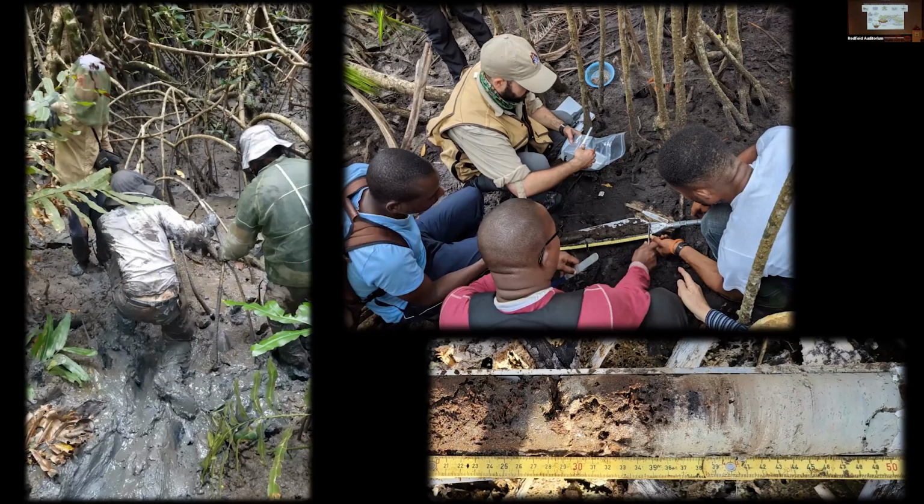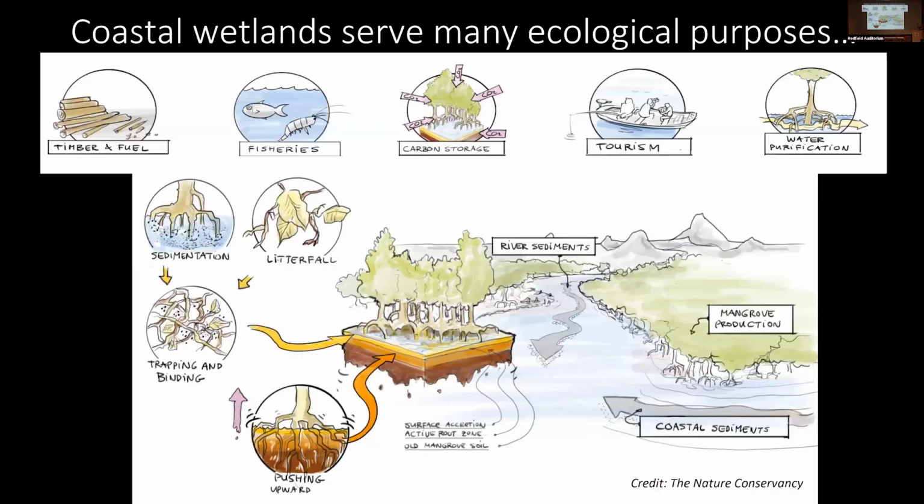We know all these things about coastal wetlands, and these mangroves in particular serve a bunch of ecosystem services that were brought up earlier. A lot of that's supporting coastal communities for timber and fuel, fisheries, tourism, protection, which I'll get into a little bit. And what I'll be talking more about today is that carbon storage aspect.